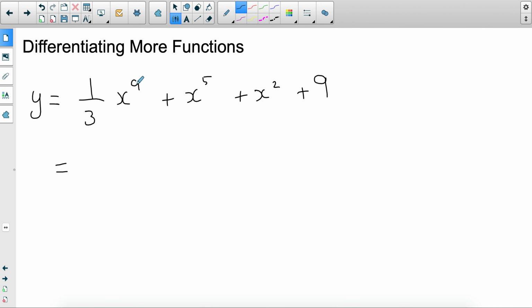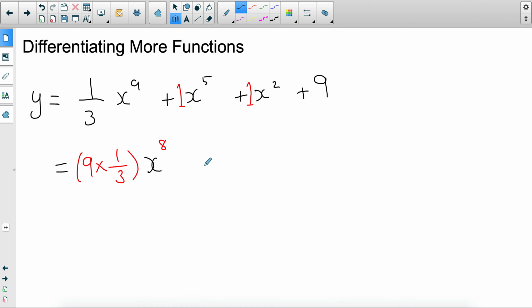So the first rule is we take the power and we multiply it by the coefficient. Now this is a fraction, but it's fine, doesn't matter. We do 9 times 1 over 3, that's the rule. And then for x, instead of a power of 9, we reduce it by 1, so it's going to be a power of 8. And then the next one, remember that both of them have a coefficient of 1.